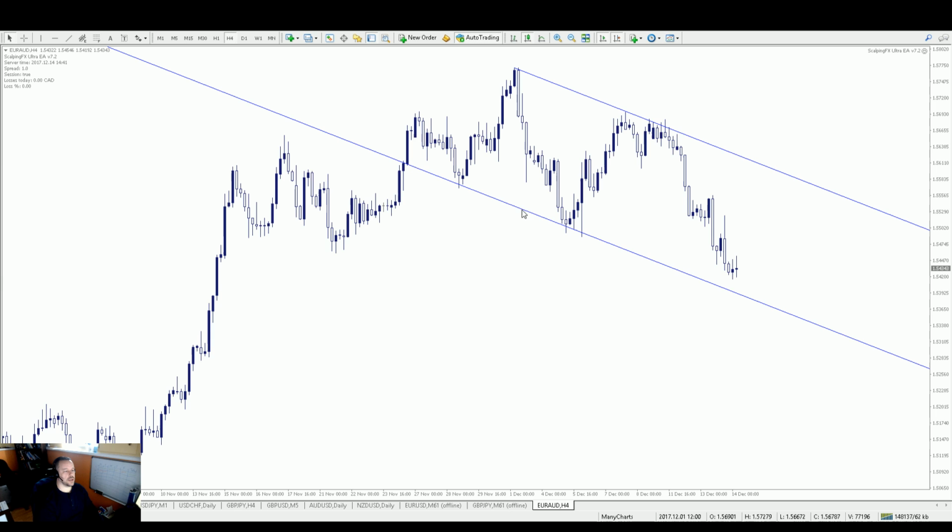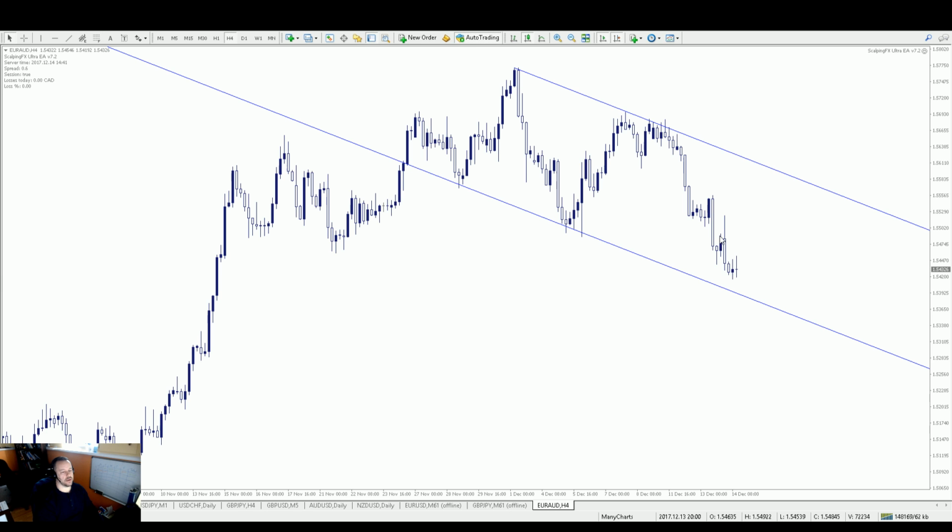All right, so as you can see, Euro AUD on H4 is set to rally up, we are due to rally up. We had this big leg move, this impulsive move on H4, and then a little consolidation.